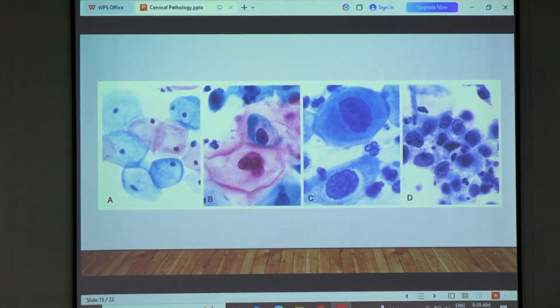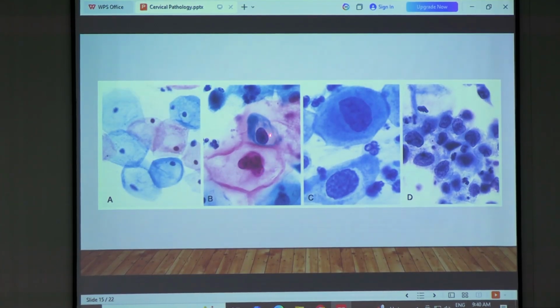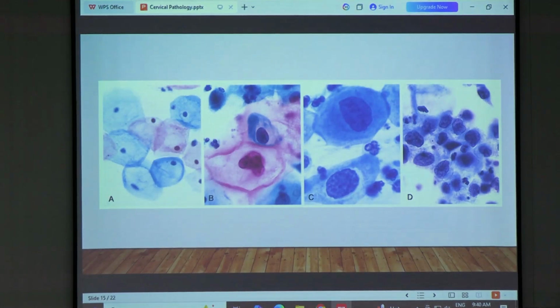So this is how it looks in the microscope. The first image on the left hand side is your normal squamous cells. So they are normal cells only. Okay. In the second part, there is low grade squamous intraepithelial lesion, and if you can recognize these whitish areas around the nucleus, they are known as perinuclear halo or whitish zone, and this change is called koilocytic change or koilocytic atypia.